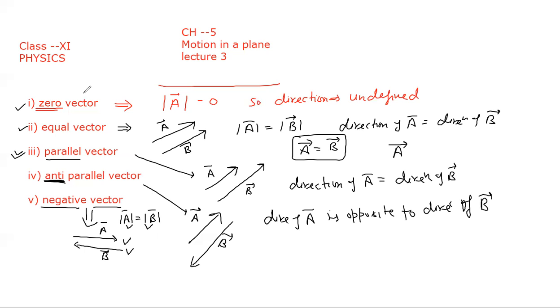All the types of vectors: first is the zero vector, then equal vector, parallel vector, anti-parallel vector, and negative vector.